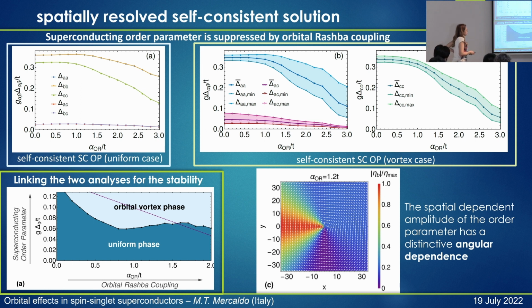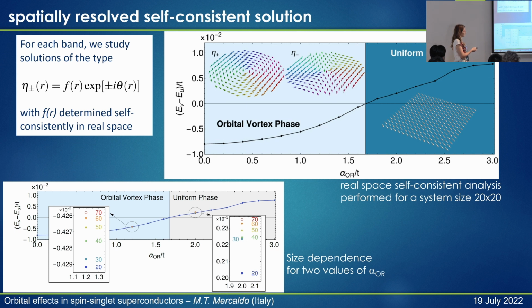But this is done to match with what we have done with the fixed value of this reference delta 0, because since we see that we have a suppression of delta, in the self-consistent analysis we are actually moving, more or less, this is just to guide the eye, on this kind of phase. That's why we have the orbital vortex phase more stable at lower alpha. This is the plot, this one.